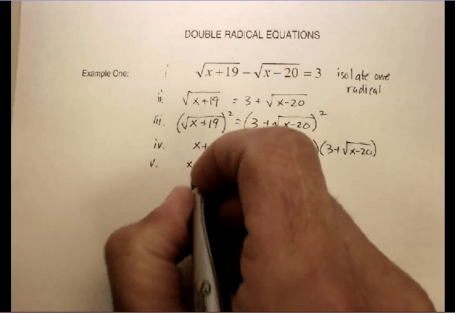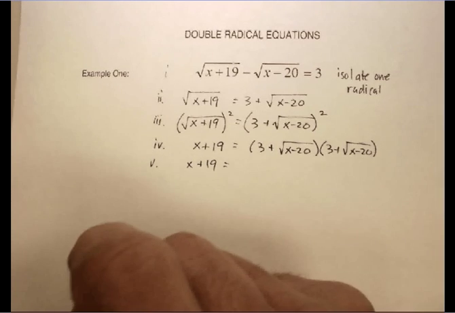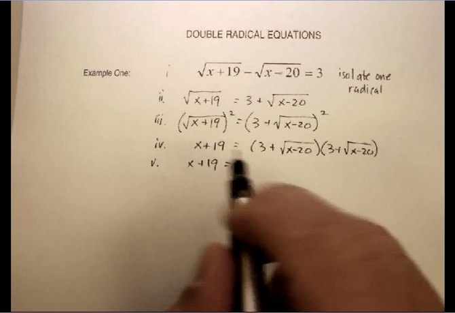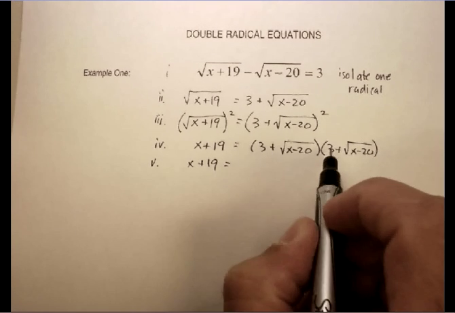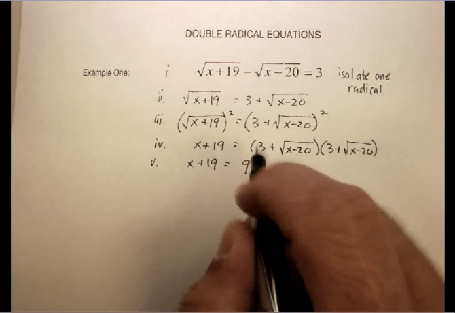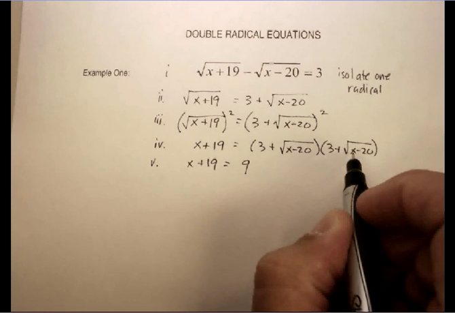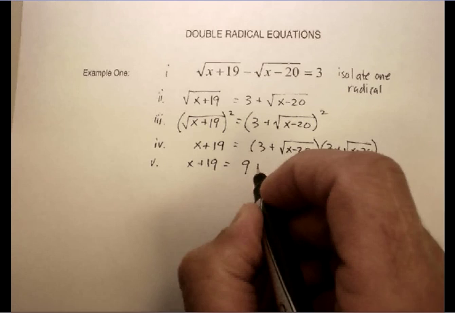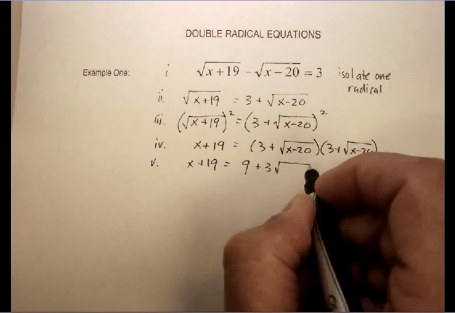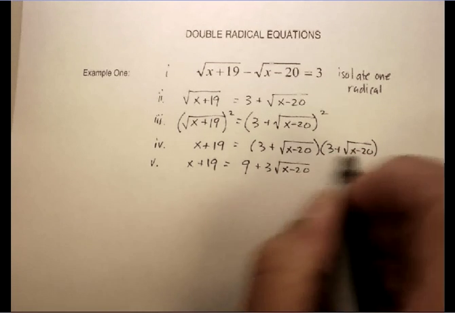It looks a little bit more complicated, but it's not too bad. Let's go ahead and FOIL this and go through the steps. 3 times 3 is 9. 3 times radical x minus 20 is plus 3 times radical x minus 20, just 3 of them.